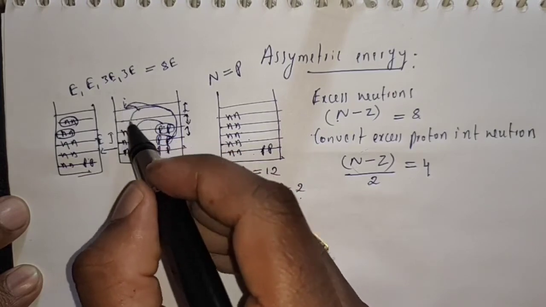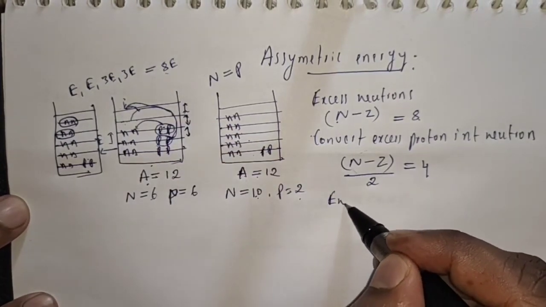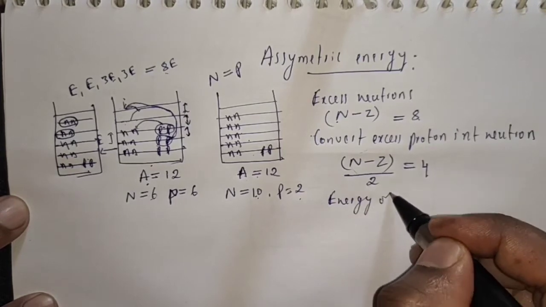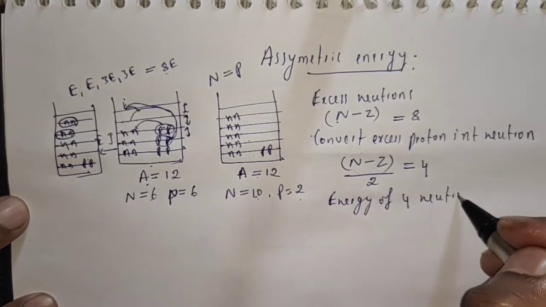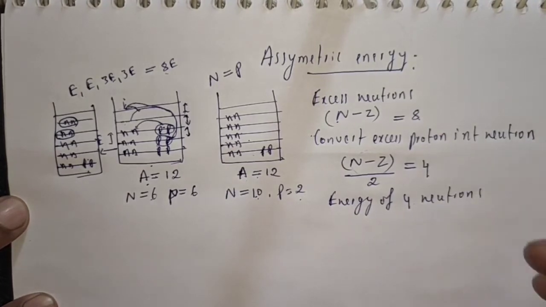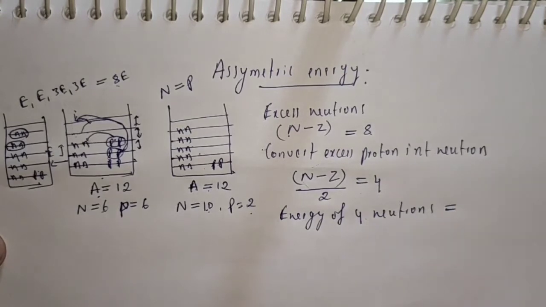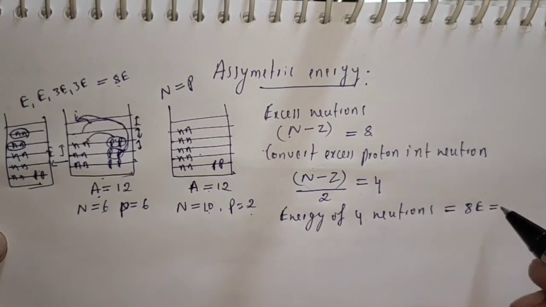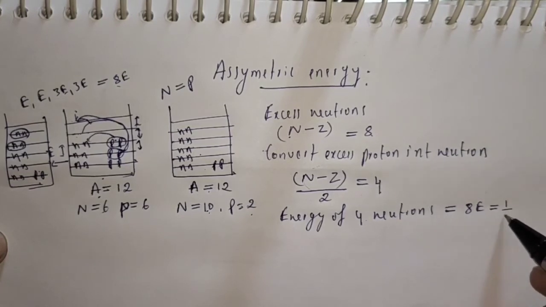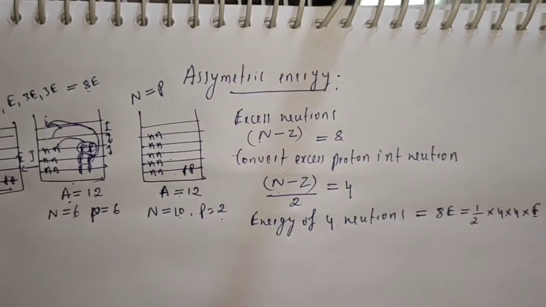These neutrons have excess energy of 8E, that is, energy of 4 neutrons is equal to 8E, or we can write it as 1/2 into 4 into 4 into E.